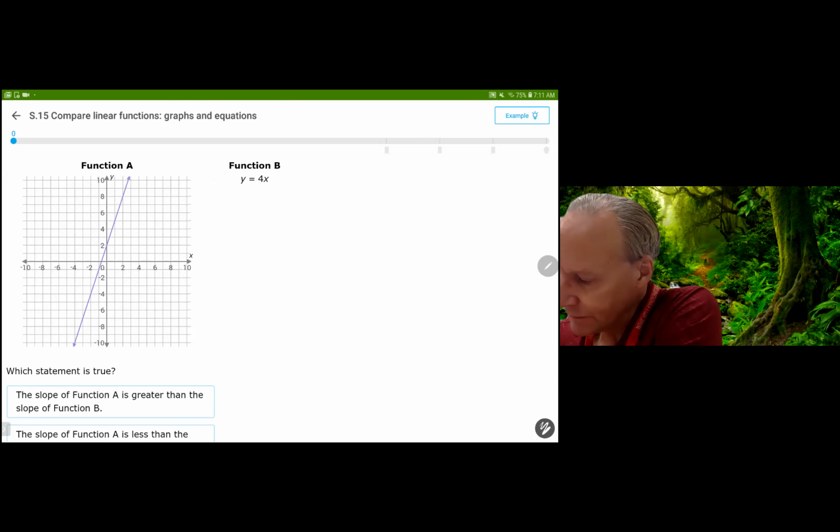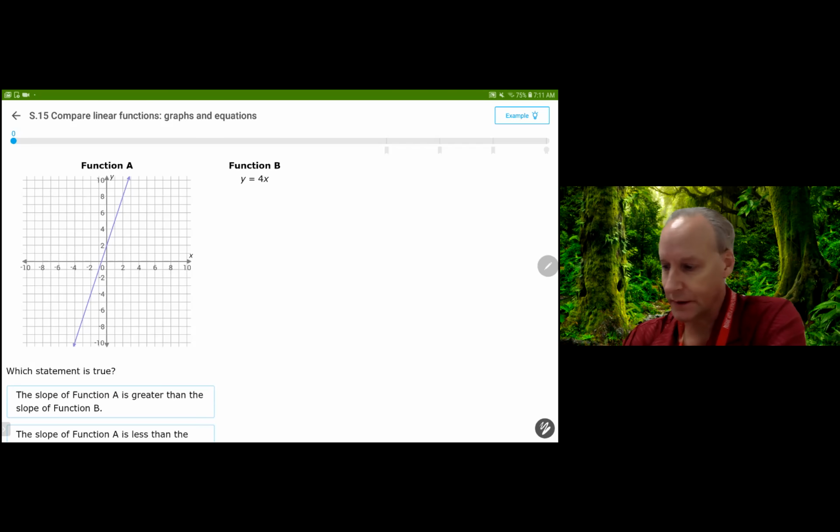We know the y-intercept is at 2, and it has a slope of 1, 2, 3 over 1, which is a slope of 3 over 1. The equation of this happens to be y equals 3x plus 2. And this one has a slope of 4x. So the slope of function A is less than the slope of function B, which is the true statement.